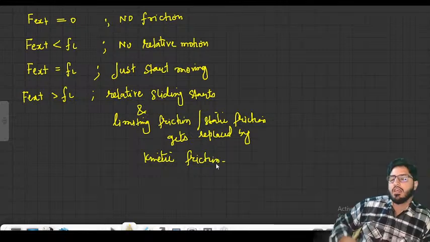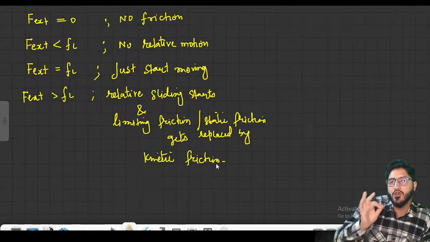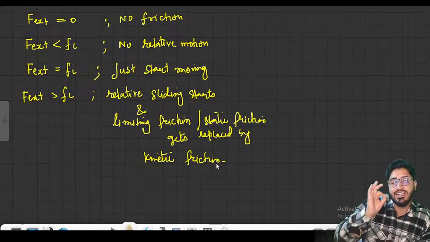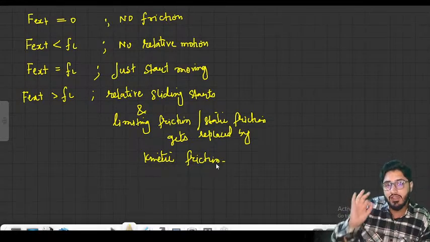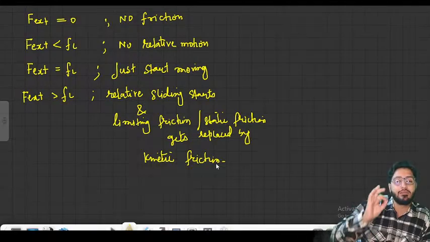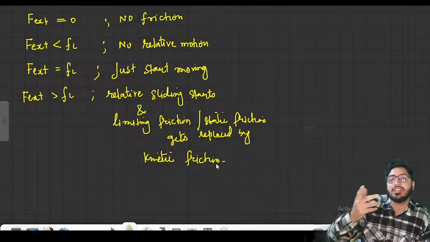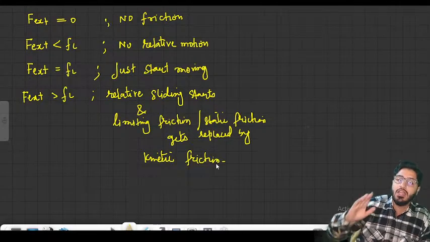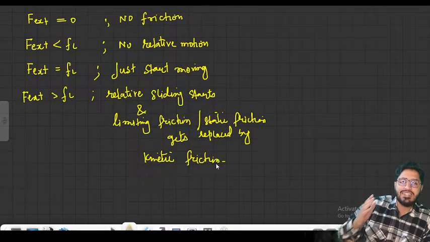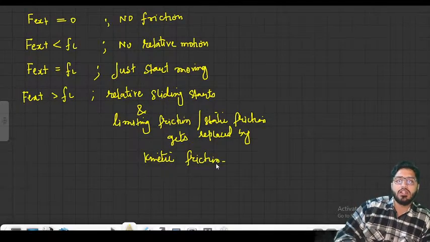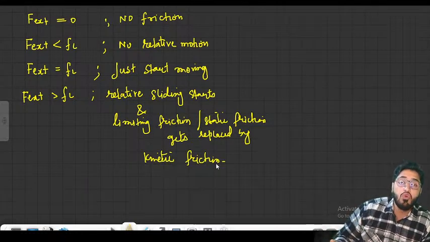What does it mean? If you are applying zero force, there is zero opposition. If you are applying force, but that force is less than the limiting friction, no relative sliding. If the force is equal to the limiting force, the body just starts. It doesn't move, it is on the verge of starting. Now, if my external force is more than the limiting force, the dominant one is now the external one, so your body starts moving.